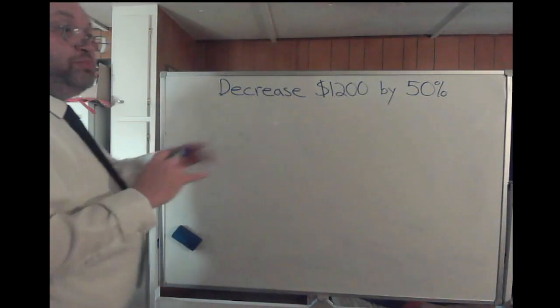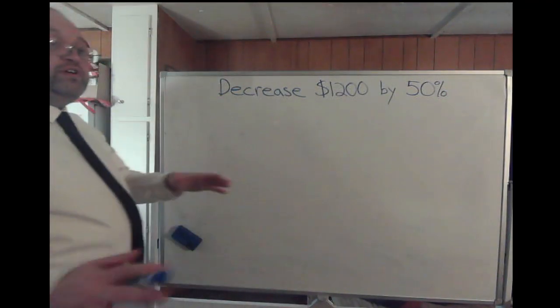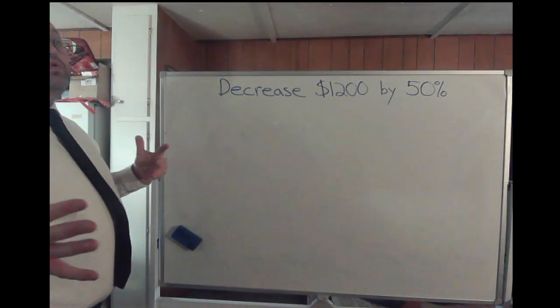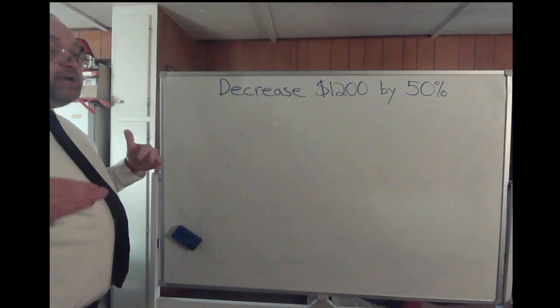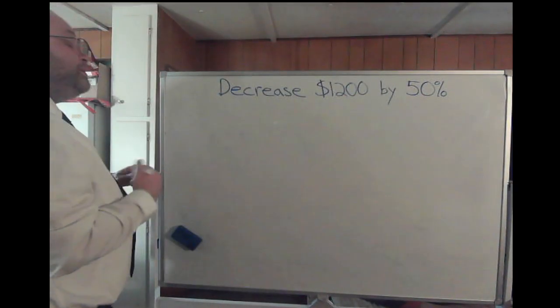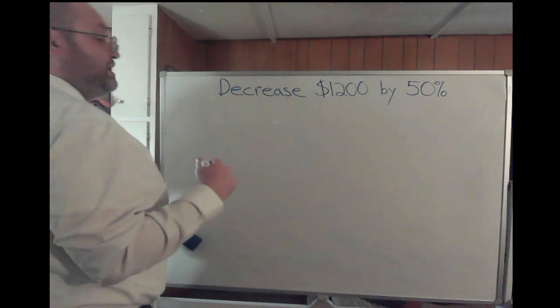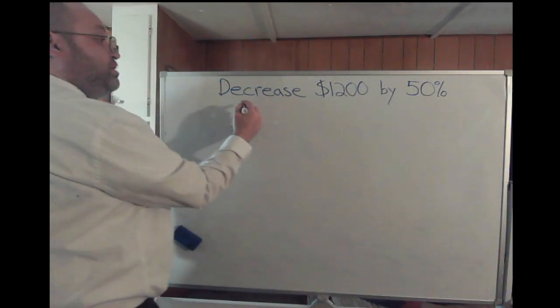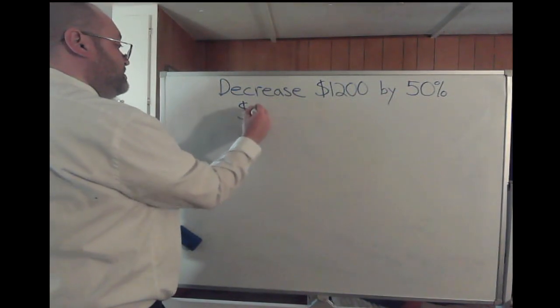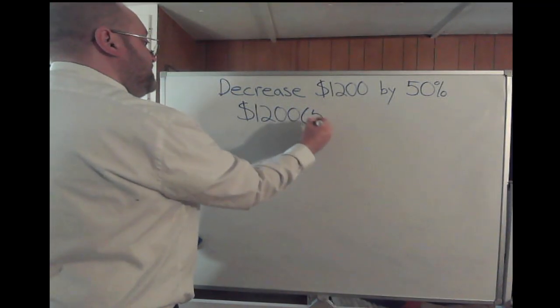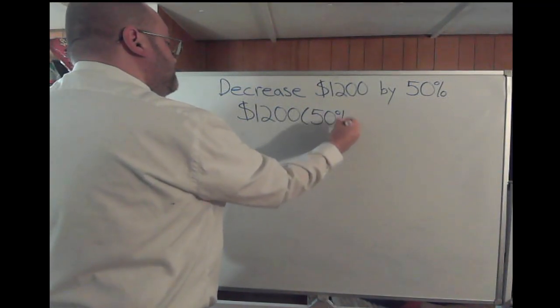So we need to buckle down. We need to take our $1,200 that we spend every month on, whether it's fast food or entertainment, what have you, and decrease that by 50%. Again, this is a change of 50%, so just like you would with an increase, you'll take the $1,200 and multiply it by 50%.